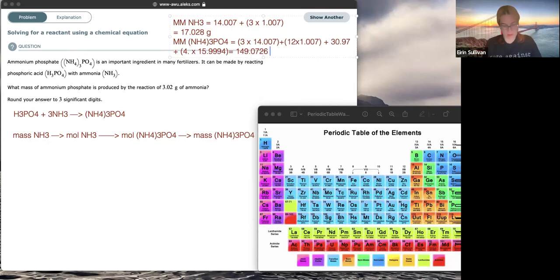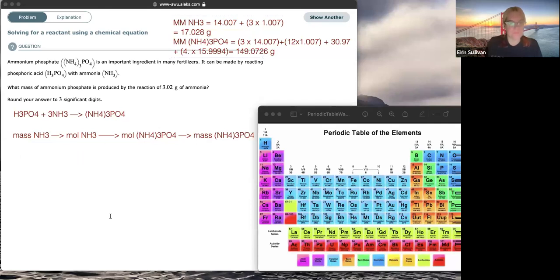I got 149.07 grams. I'm just going to check that really quickly. Talk amongst yourselves. Plus 12 times 1.007 plus 30.97 plus 4 times 15.9994. That's not right either. It's probably fine. It's the principle that matters.